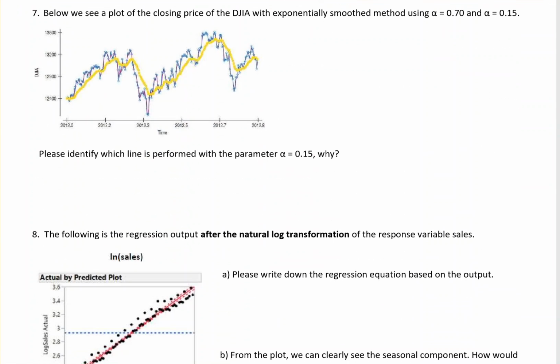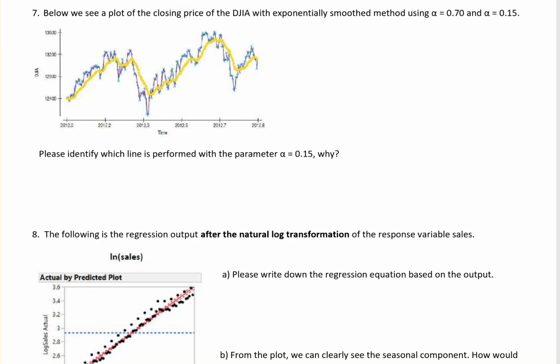Next one, number 7. It says below we see a plot of the closing price of DJIA with exponentially smoothed method using alpha equals 0.70 and alpha equals 0.15.